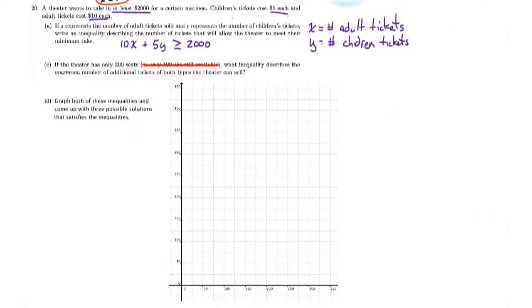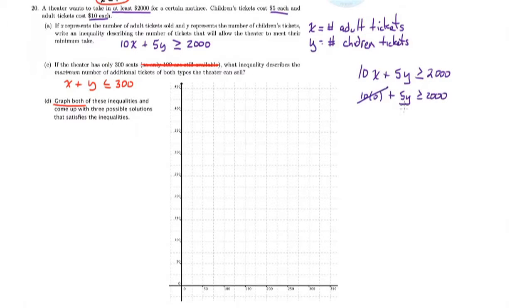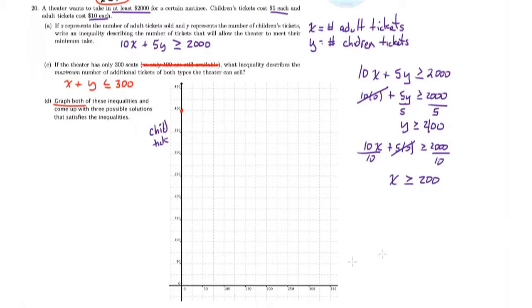Now part B, we know that we have a maximum of 300 tickets. So I can write the total number of tickets has to be less than or equal to 300. X plus y is less than or equal to 300.